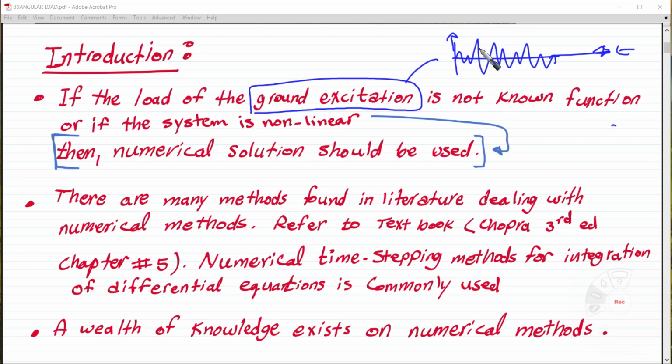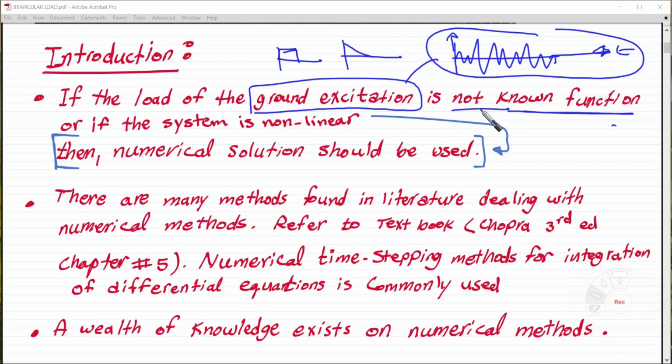There is no function, or the function pattern is not known. It is not, for example, triangular, or rectangular. So we call this an unknown function pattern. It is something similar to the earthquake, for example.